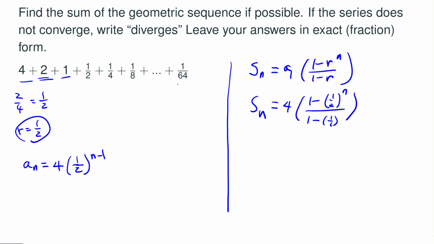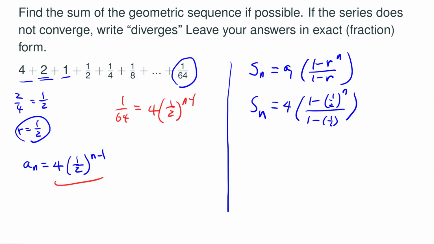So that means essentially we need to find out the term number for 1 over 64. That's all we need to do. And then we can find the sum. Okay? So let's do that. We know that 1 over 64 must be this right here, and we solve for n.